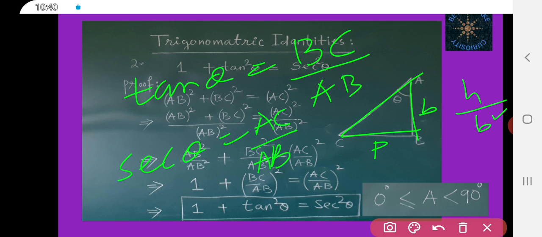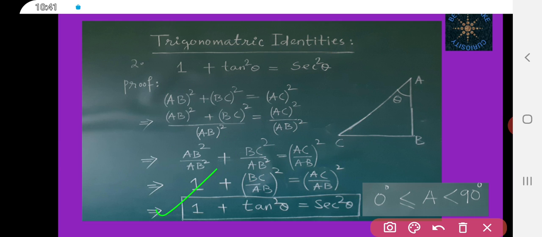So now you can put the value of tan theta and sec theta. Here BC by AB is tan theta, so you write tan square theta. AC by AB is sec theta, so you write sec square theta.